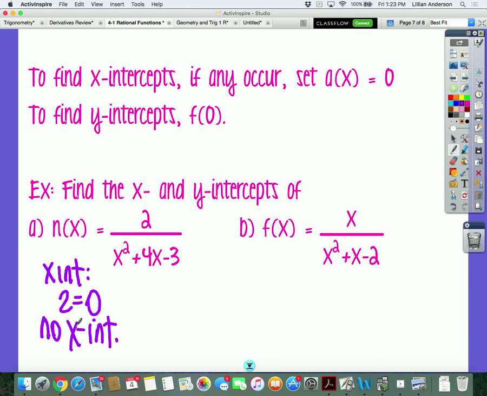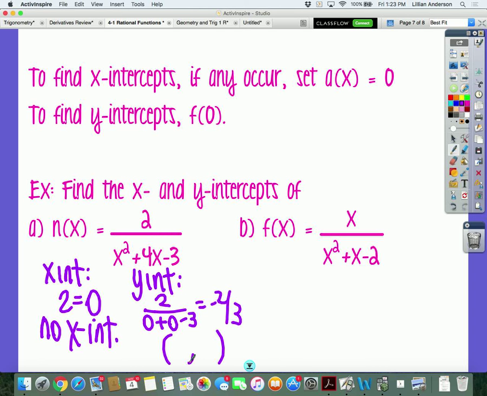But my y-intercept, to find that, I just plug in 0 for every x I see. So that'd be 2 over 0 plus 0 minus 3, which is what? X-intercepts, just like y-intercepts, are written as points.